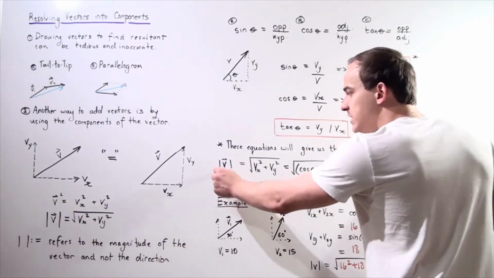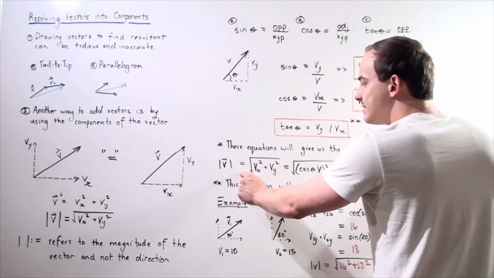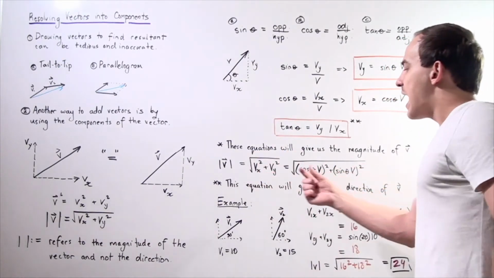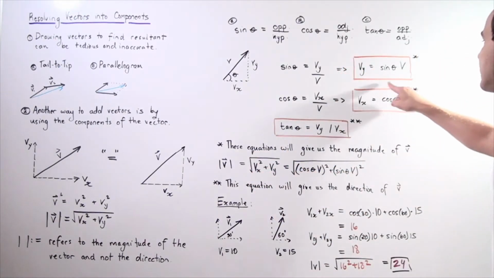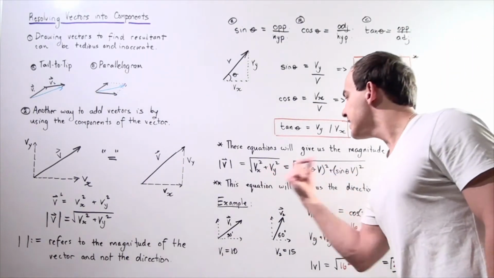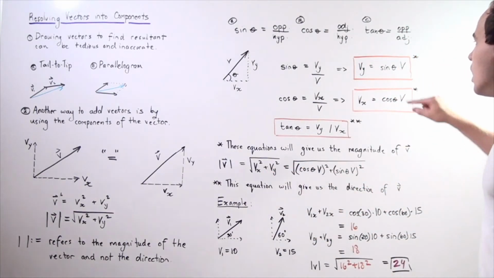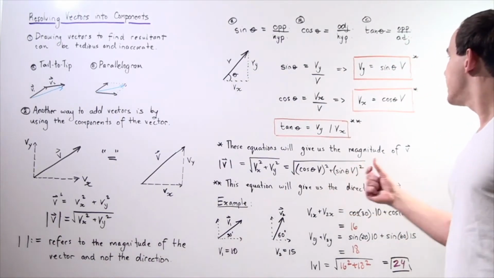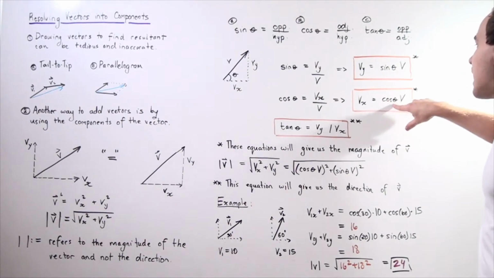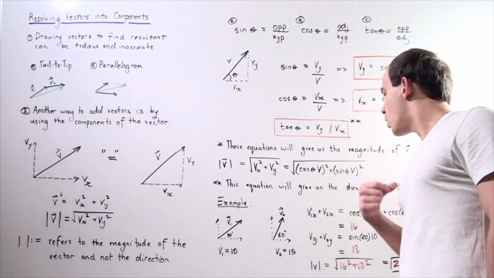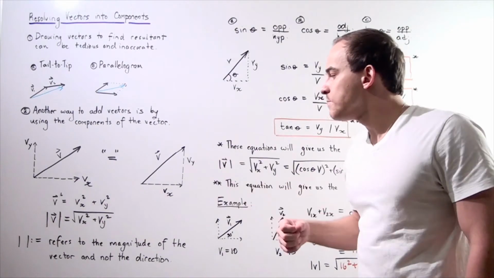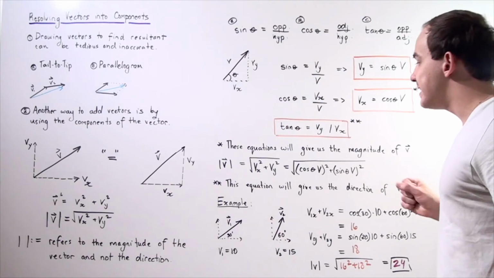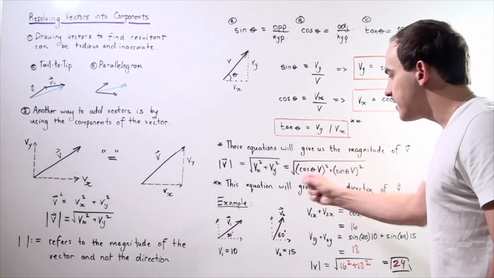Our magnitude, given by the absolute value of v, is equal to the radical of vx squared plus vy squared. We just said vx is given by this formula and vy is given by this formula. So we plug in sine theta times v for vy, and cosine theta times v for vx, and we see that another way of writing this formula in terms of just v and the angle is shown here.